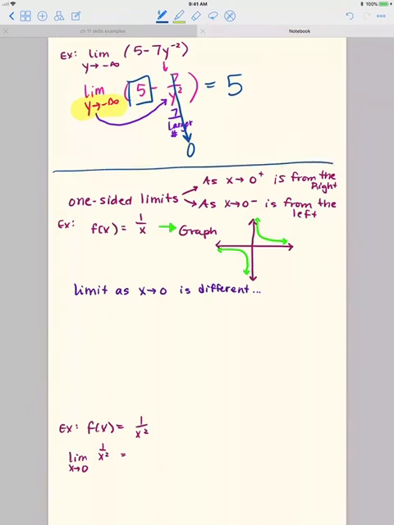Okay. Sometimes you'll have one-sided limits, and one-sided limits just look at what the function does as you approach a value from different directions. So you'll see this notation like x approaches 0 with a little plus sign in the superscript. That means that you're approaching 0 from the right. So like on this graph here, here's 0. As I approach 0 from the right means I come into 0 from the right side of the graph.